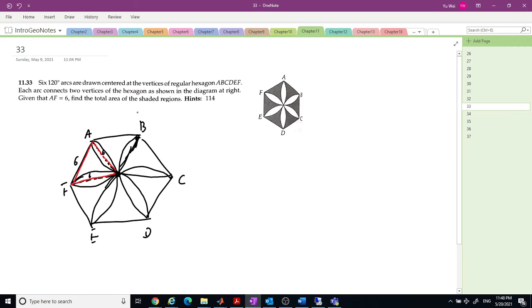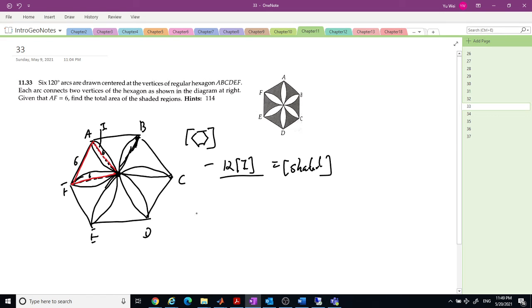So in order to calculate the white area, we can cut it into pieces, each piece is 1, right? So now we have 12 pieces of 1. So now we can use the regular hexagon minus 12 pieces of 1, then it's equal to the shaded area, right?